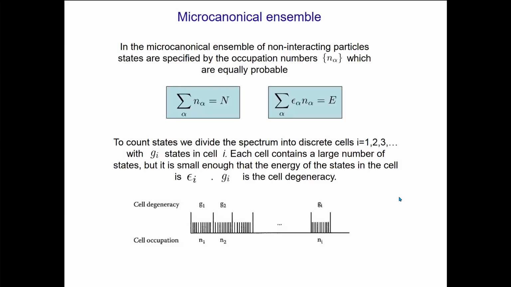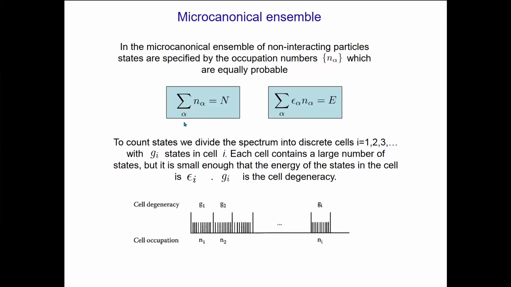Previously, we just counted particles, but now, instead of counting individual particles, we specify occupation numbers of particular energy levels. And all these occupation numbers are equally probable in the microcanonical ensemble.